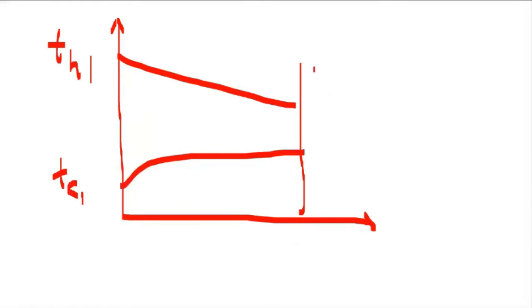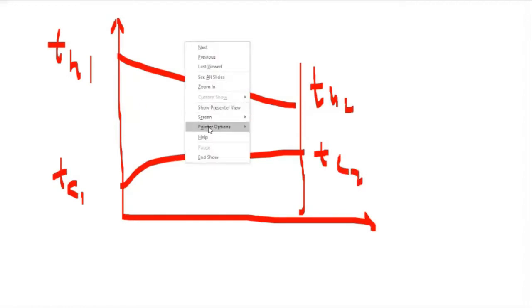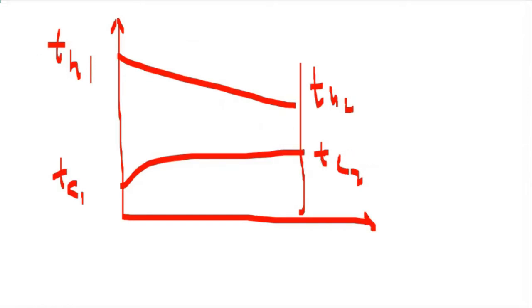This is TC1. This is TH2. And the last one is TC2. Say that for a particular case, this TH1 value is given, TH2 value is given, TC1 value is given. This is the data given.